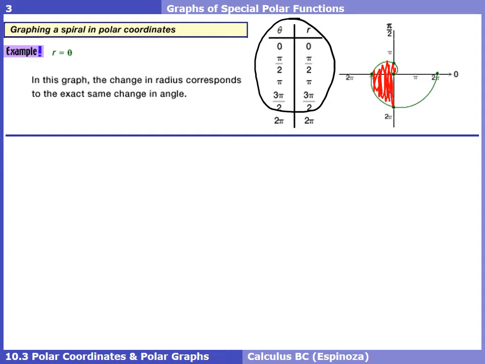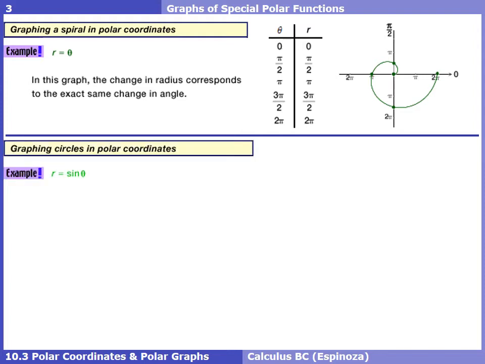And again, just getting you ready for 10.4, what if you were asked to find that area? Well, you would need to know up to what point, so it would be 0 to 3 pi over 2, that we would be concerned with. So get some practice with that, and then again, 10.4 should be a lot easier to understand.